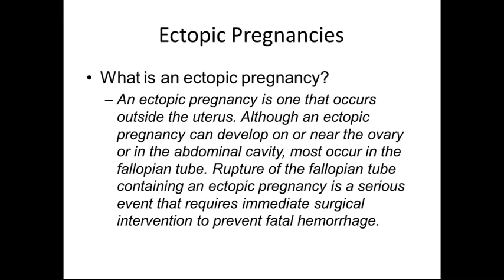Rupture of the fallopian tube containing an ectopic pregnancy is a serious event and requires surgical intervention to prevent fetal hemorrhage. However, if an ectopic pregnancy is caught early enough, methotrexate can be administered to cause the placenta to die and the products to be reabsorbed by the body. However, this needs to happen in early stages.